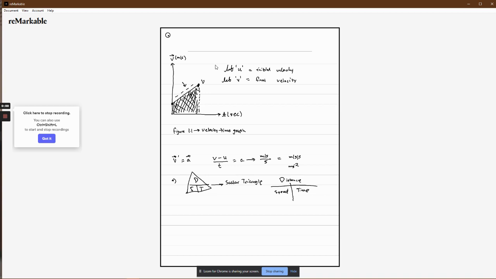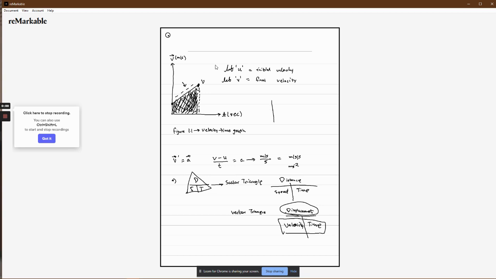If you substitute this into the vector quantities, you have a vector triangle, and you have displacement, because the vector quantity of distance is displacement. You have velocity, and you have time. And if you know that velocity times time gives you displacement, then you know that the area under the curve is displacement.